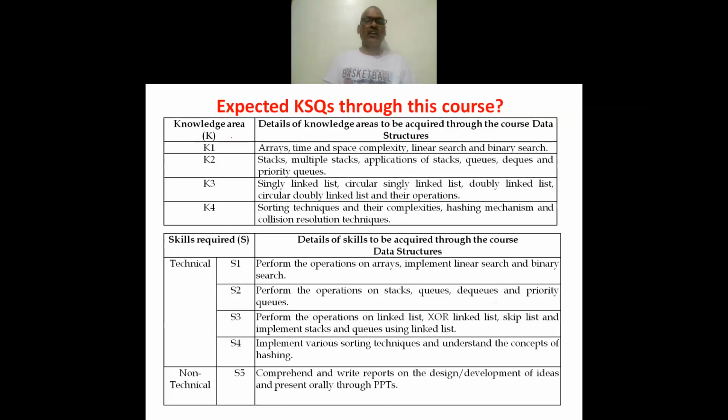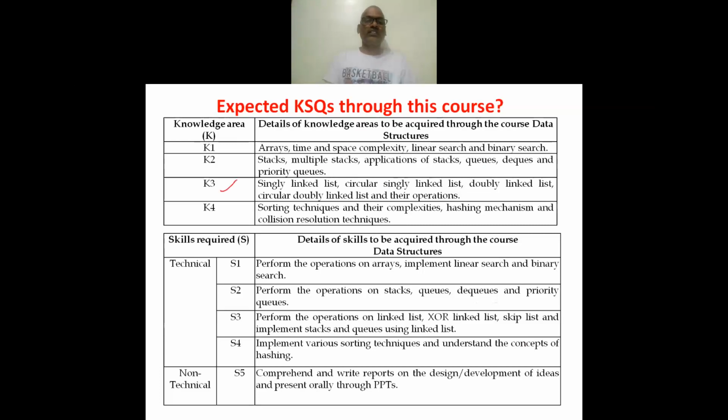The knowledge area: this course will develop the knowledge on arrays, time and space complexity, linear and binary search techniques, and different linear data structures like stacks, multiple stacks and their applications, queues, dequeues and priority queues.